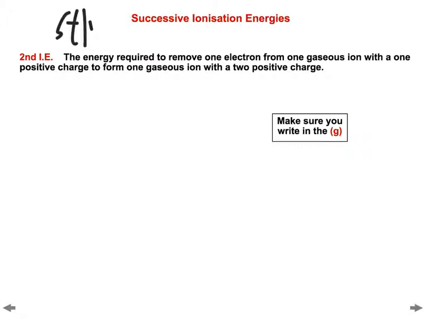We're going to replace the 1 with a 4, and we're going to replace the 2 positive charge with 5, because for the fifth, you're forming an ion with a 5 positive charge. So that'd be the energy required to remove one electron from one gaseous ion with a positive charge of 4 to form one gaseous ion with a positive charge of 5.